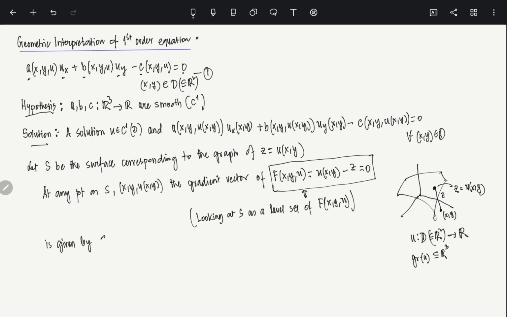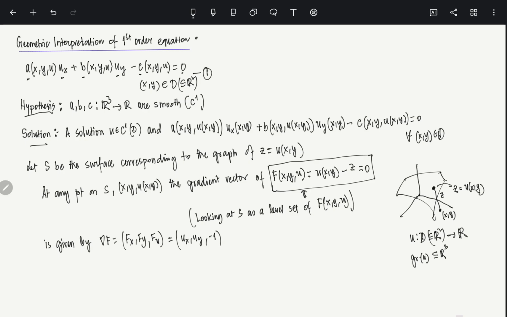If you remember, gradient of capital F is nothing but capital F of x, capital F of y and capital F of u, which if you want to write it down is ux, uy and minus 1. See, z is nothing but u essentially, so it is minus 1.